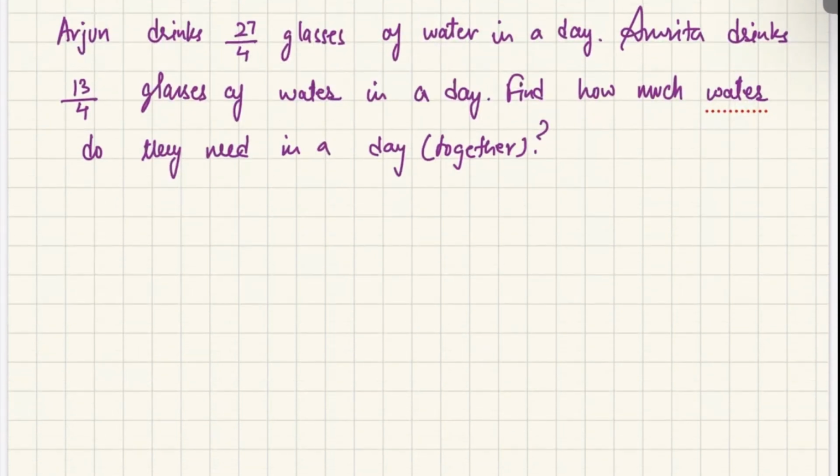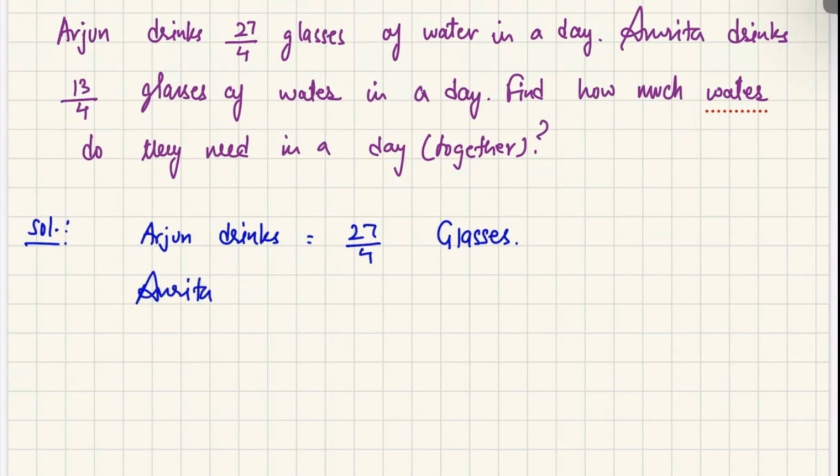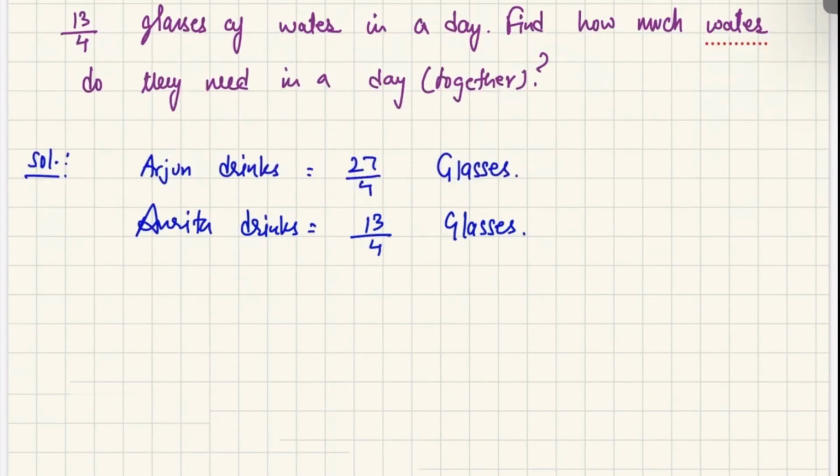Arjun drinks, so how will you write this? In the solution, let me choose a different pen. So I'll write solution over here. Here, Arjun drinks 27/4 glasses. Amrita drinks 13/4 glasses.